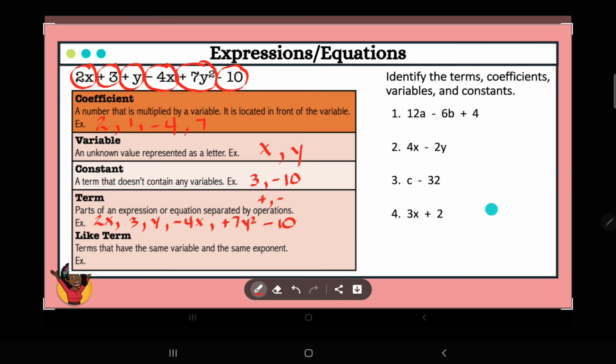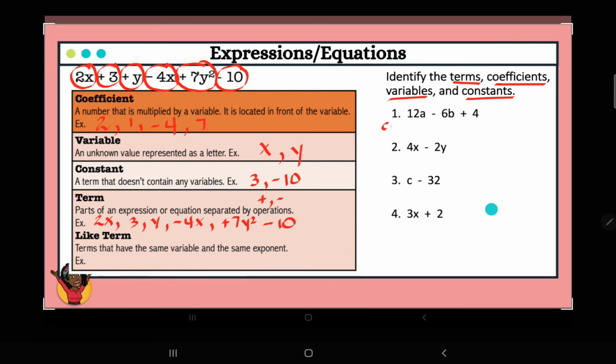So let's take a look at these examples. It wants us to identify the terms, our coefficients, our variables, and our constants. For example number 1, there are 3 terms, and the terms are 12a, negative 6b, and positive 4.